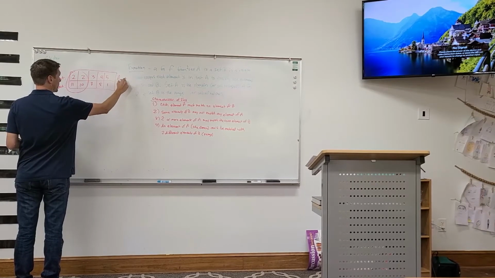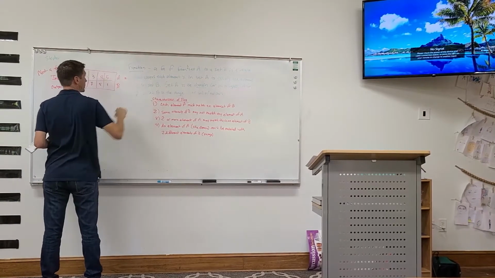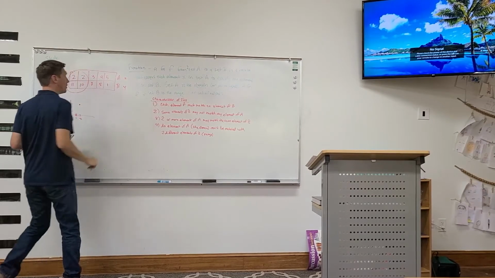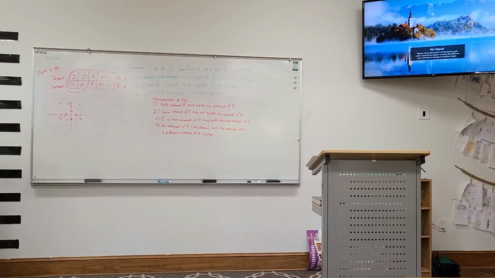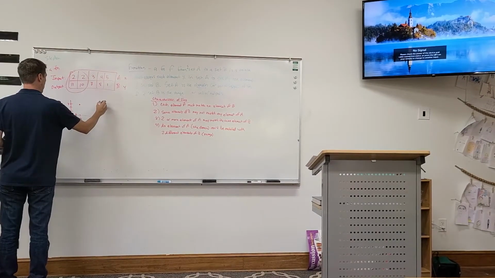Think of that as the set of X, each element X in set A, and Y as the B. And so our question is, we basically have a set of coordinates.